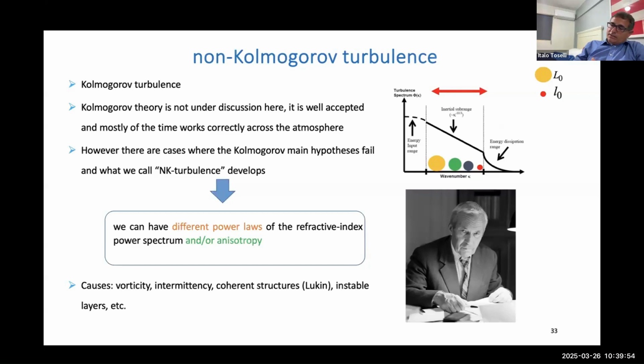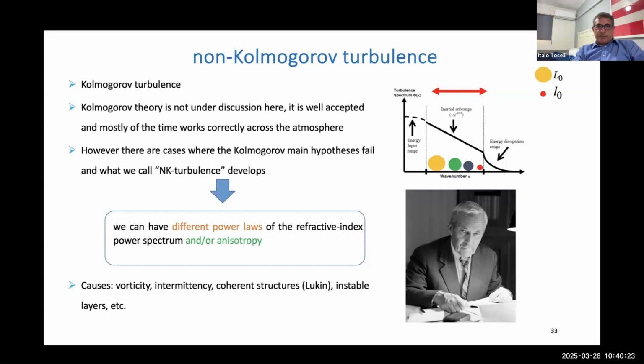For example, when you transmit a beam very close to the ground, you don't have perfect mixing, you start to have anisotropic turbulence that is going to affect your beam in a different way. There is a paper that we published with Korotkova in Miami, for example, where we measured anisotropy using intensity correlation over an American football field.